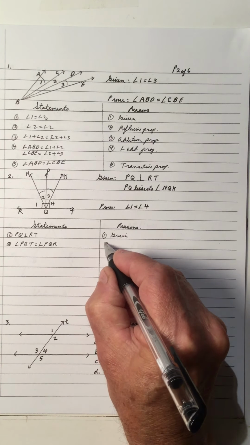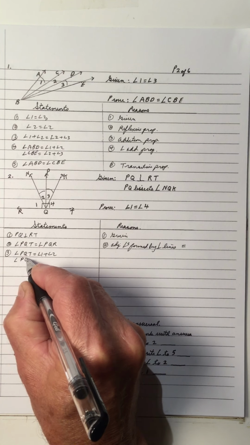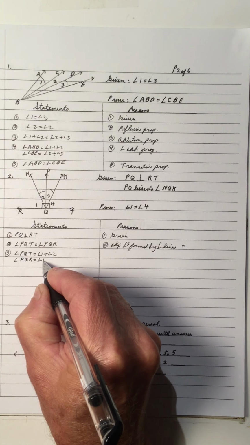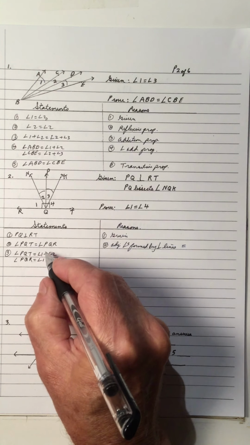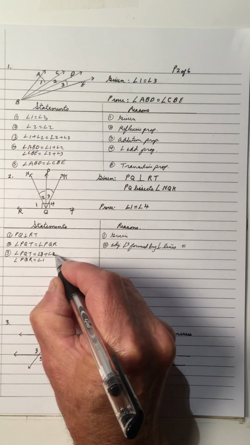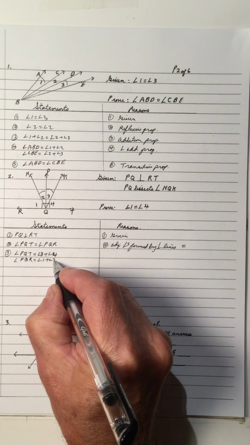And we got angle PQT equals angle 1 plus angle 2. Angle PQT is 1 plus 2. And we have angle PQR is equal to, PQT is 3 plus 4, better be careful, PQR is 1 plus 2.